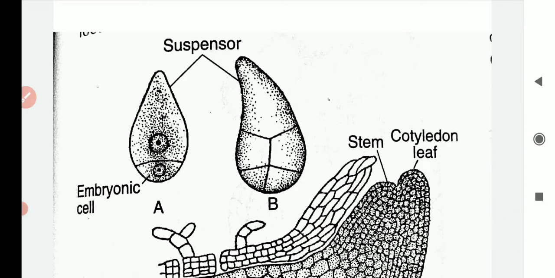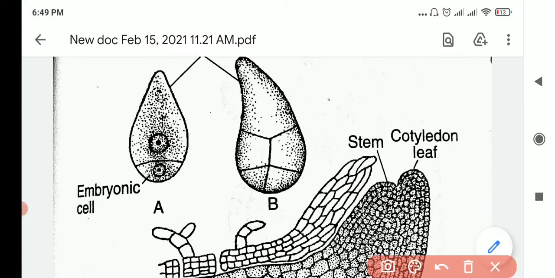First the division is this way, then it will be this way, then that way.